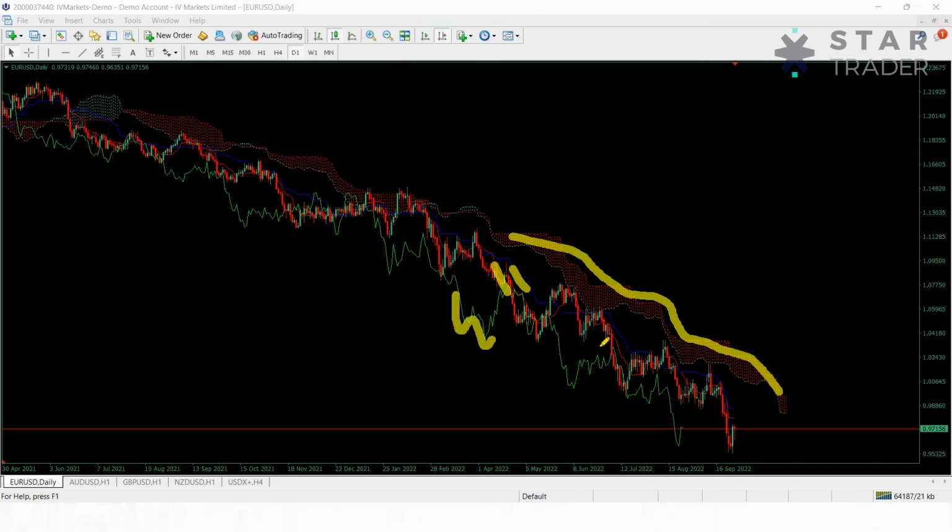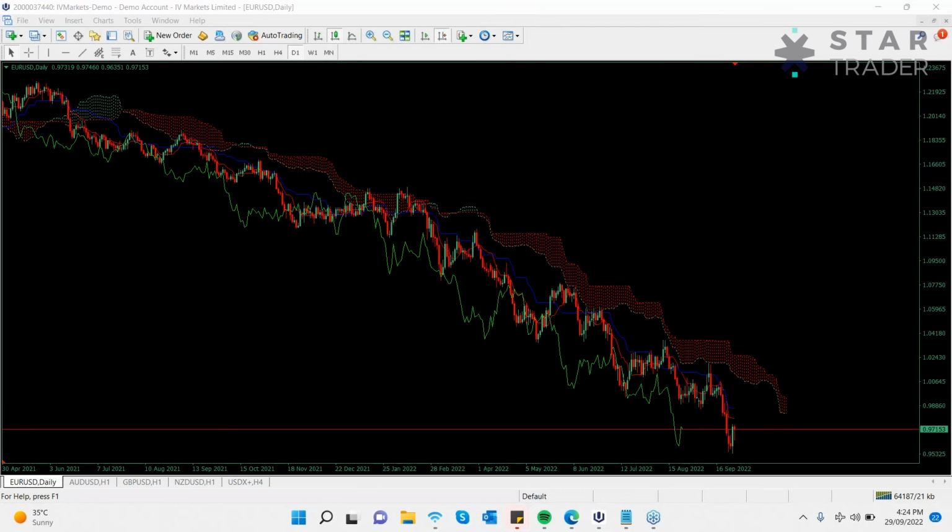The cloud is far above the market, and it is ahead, showing us the further move. The market is closing here, but your cloud is here, so it is always providing us the future indication of the market.